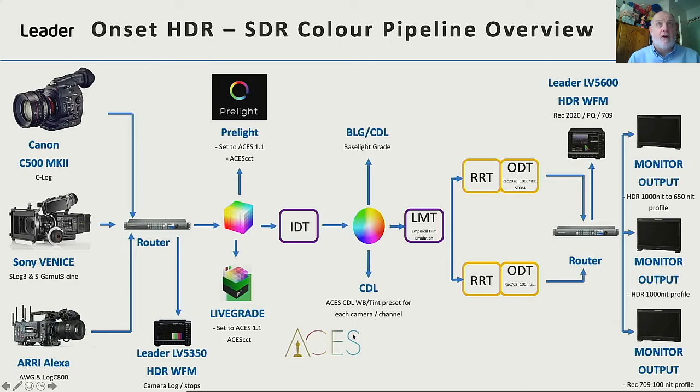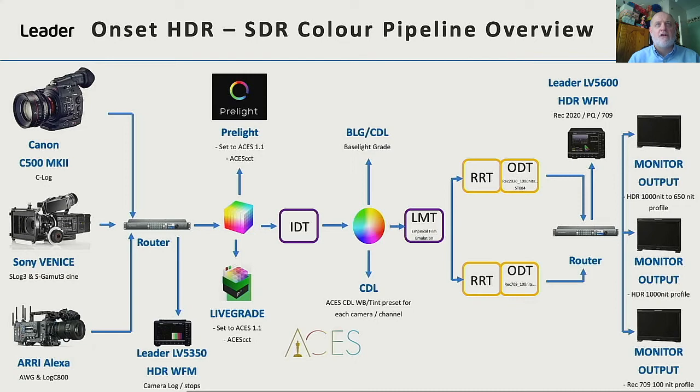If you're doing the DI in Baselight, you can use the full Baselight toolset to create looks and save them as BLGs with metadata linking them to the shot where they were used. But you can also use it in CDL mode to save looks to other systems. Livegrade provides look management on set that integrates with the various camera workflows.